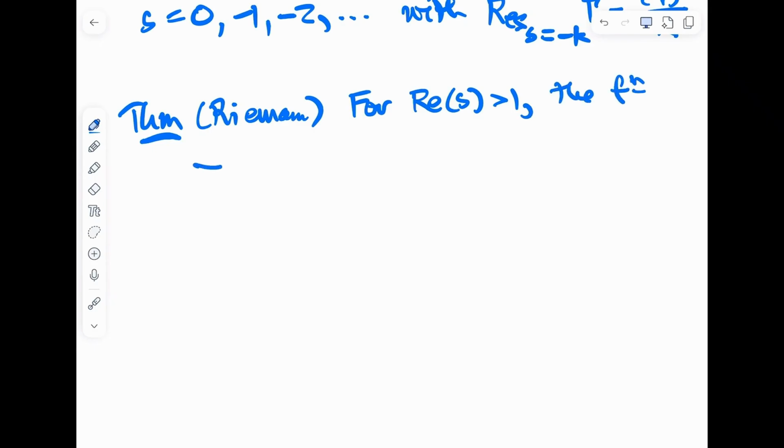the function, maybe we'll call it the completed zeta function, pi to the minus s over 2, gamma of s over 2, zeta of s. By the way, that's a capital zeta. It's not a capital Z. I know it looks like it.